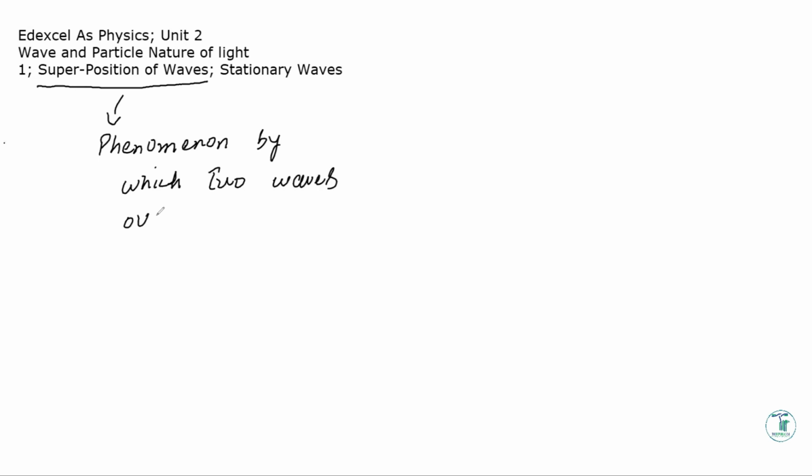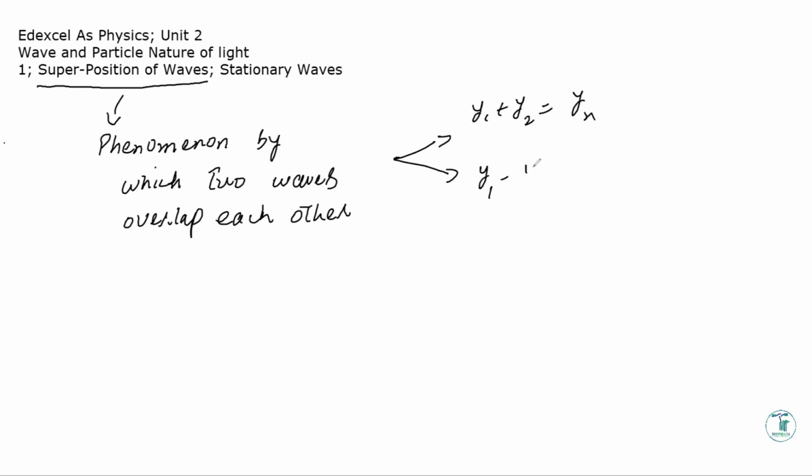Whenever we are talking about the superposition of waves, it is a phenomenon by which two waves overlap each other, and whenever these two waves overlap, they end up either getting their amplitudes added up or getting their amplitudes subtracted, right? So that is what we mean by the superposition of waves.